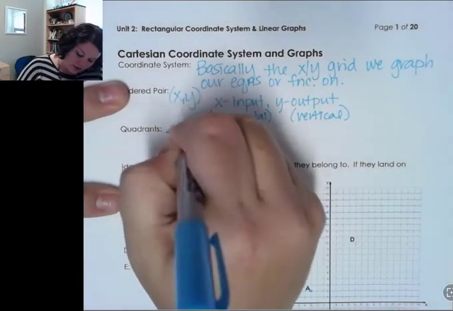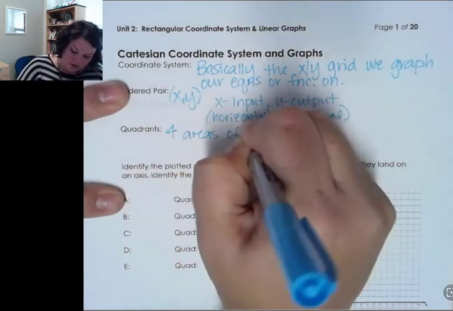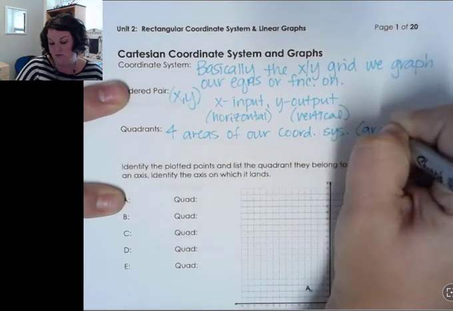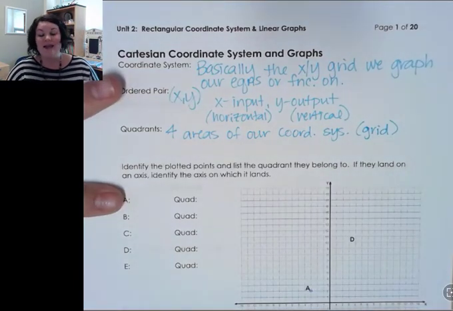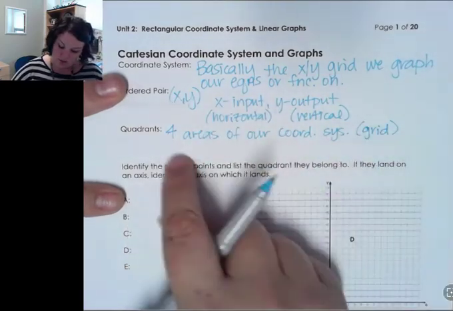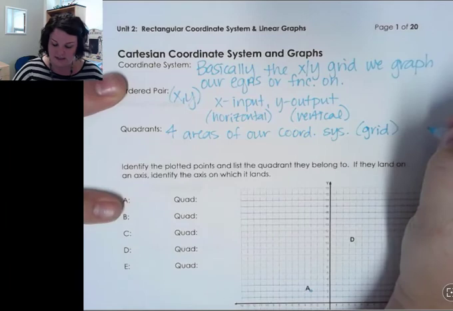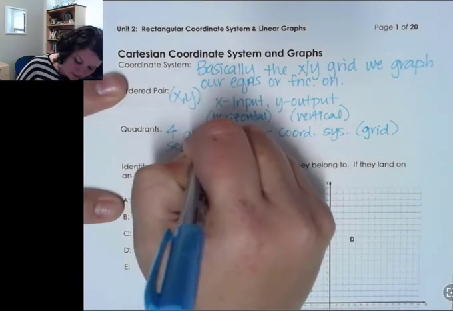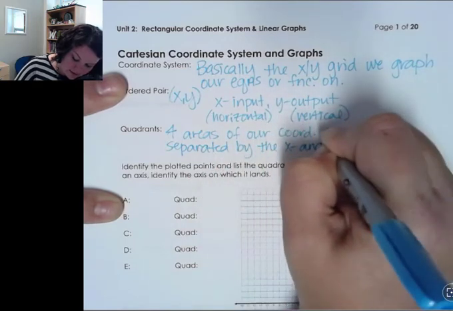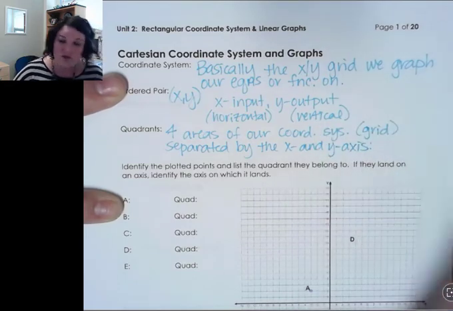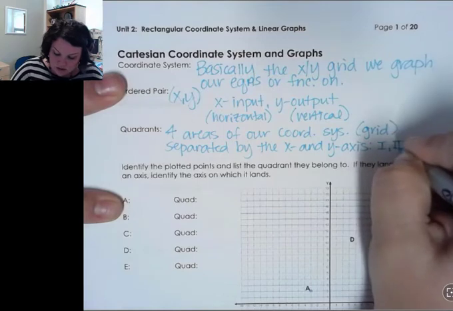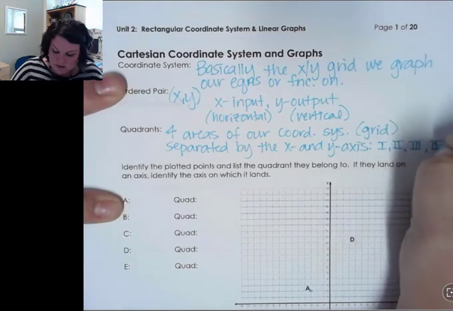So the 4 areas of our coordinate system or our grid, separated by the x and y axis, and we label them with Roman numerals. So we're going to have Roman numeral 1, 2, 3, and 4.